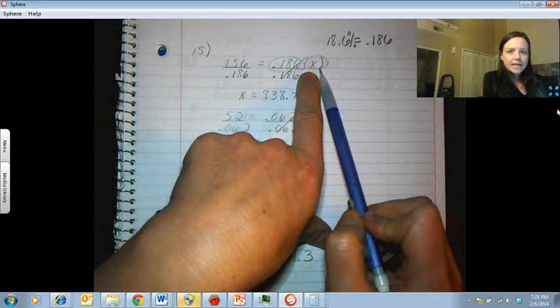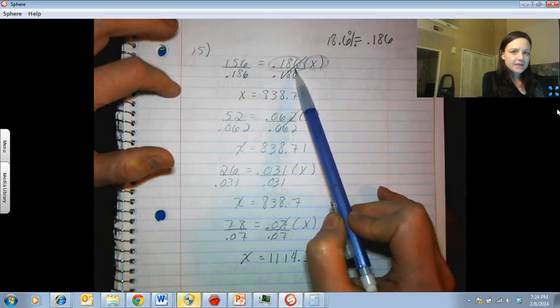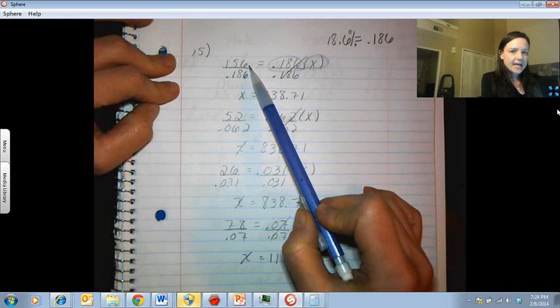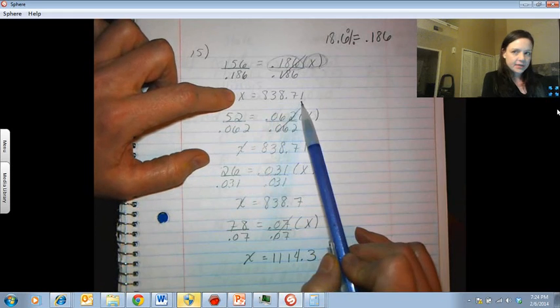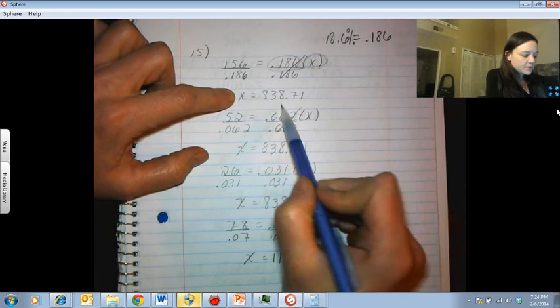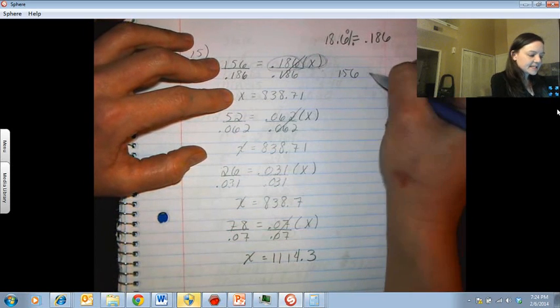So if you do this, you have 156 equals 0.186 times x. In order to solve for x, you have to divide both sides by 0.186, and you get that x is equal to 838.71.